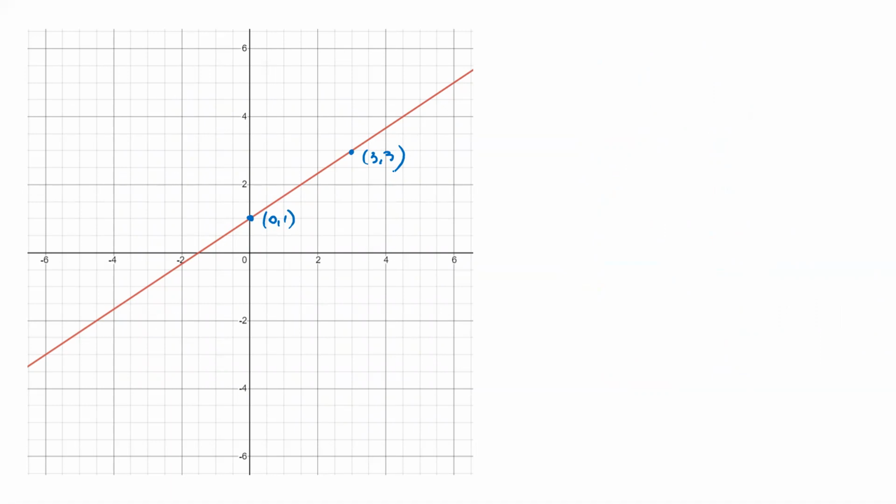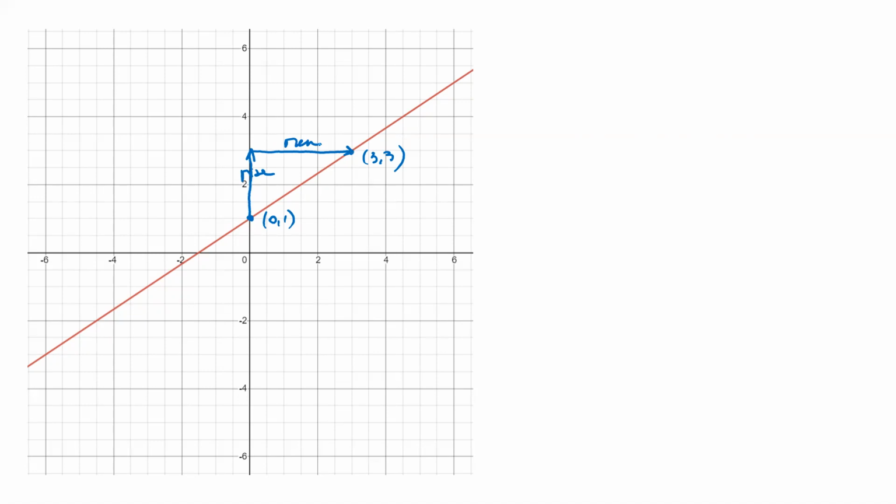So how did I move from this point to this? I went 2 points up, right? And 3 points to the right, right? So I can call this a rise, and my rise was equal to 2, and I can call this movement a run, and my run was equal to 3, right?